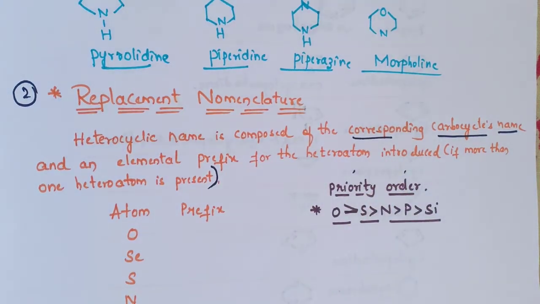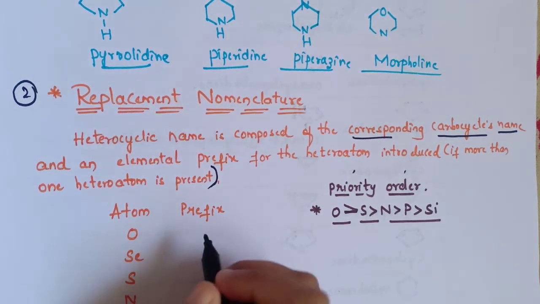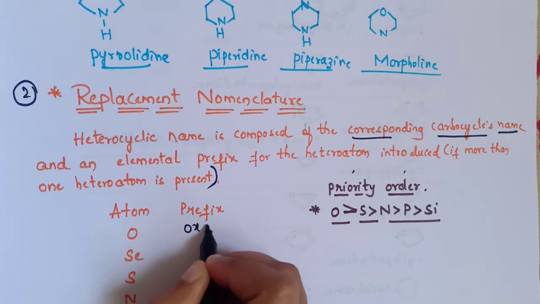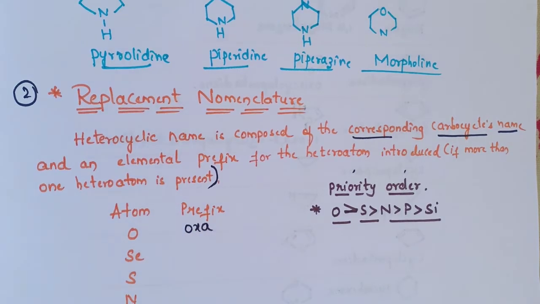Here the elemental prefixes for the heteroatoms are like this. For the atom oxygen, we use the prefix oxa. It must end with a.